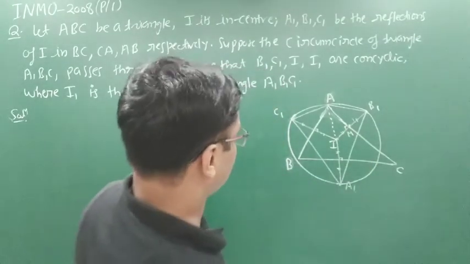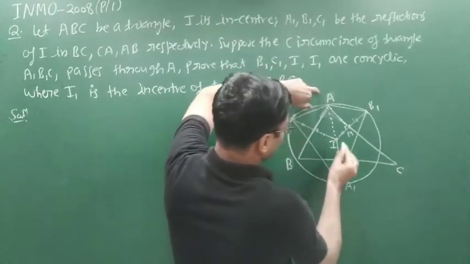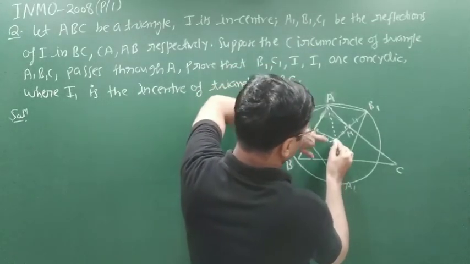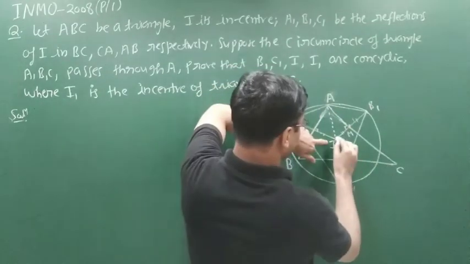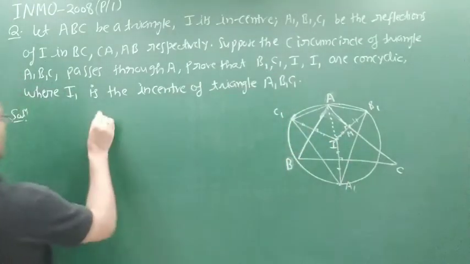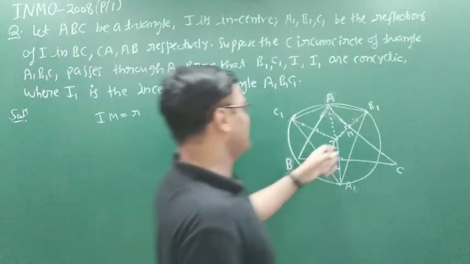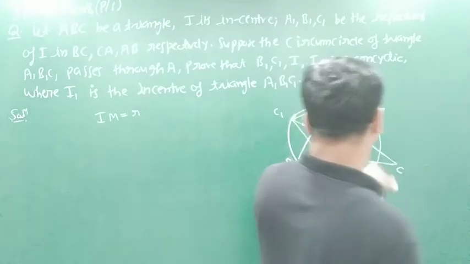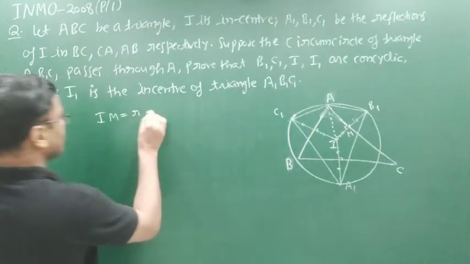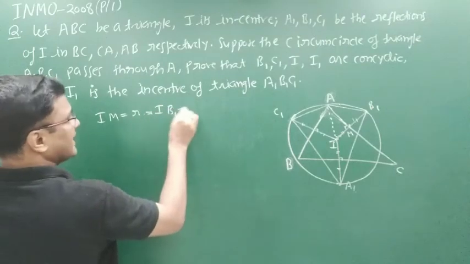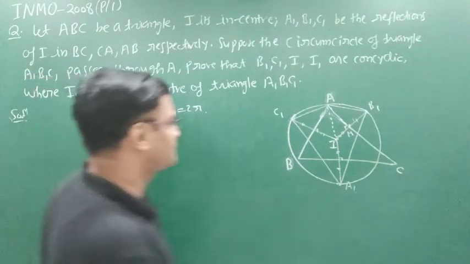Now, look at the triangle AIM. IM is the length of the perpendicular from the incenter to the side AC. Then IM is the inradius of the triangle. Suppose the inradius is R. B1 is the image of I with respect to AC, therefore IB1 is equal to 2R.